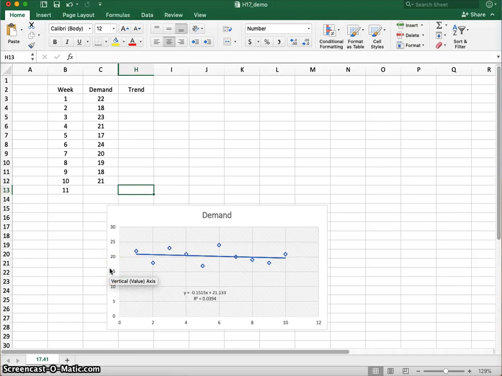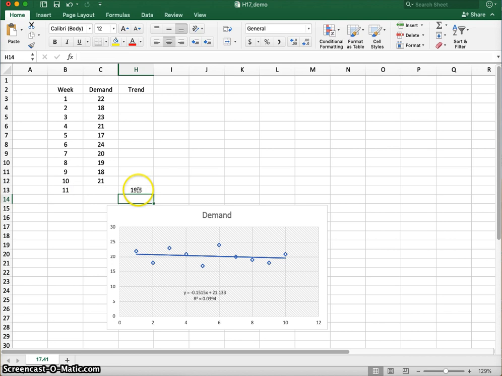My forecast for period 11 will equal negative 0.1515 times x, and that's the week, plus 21.133.